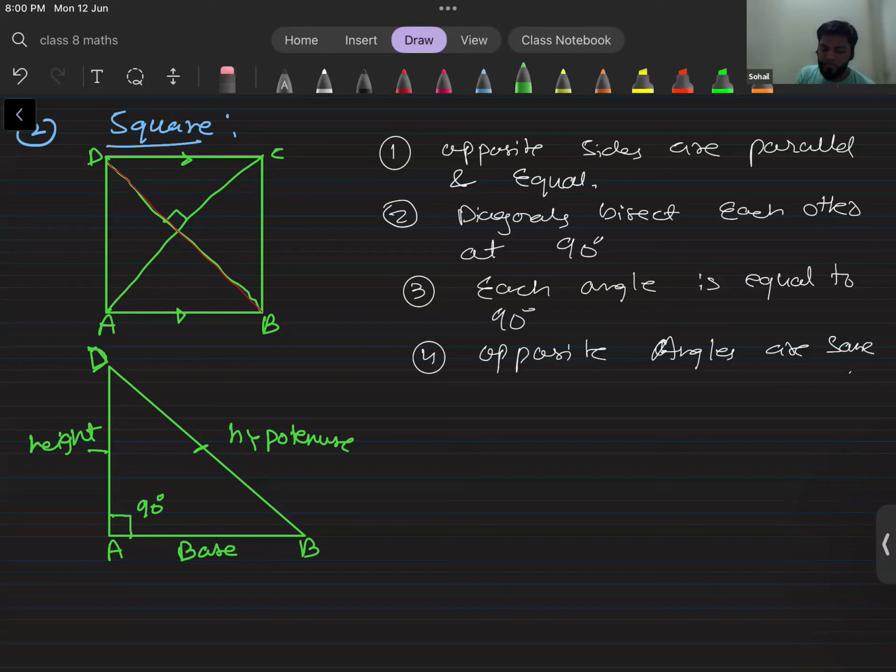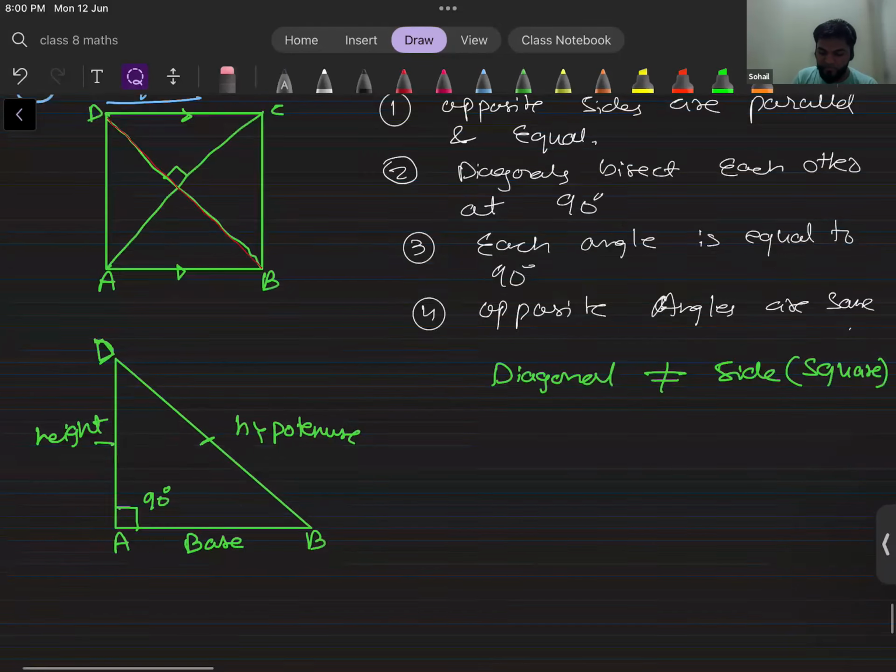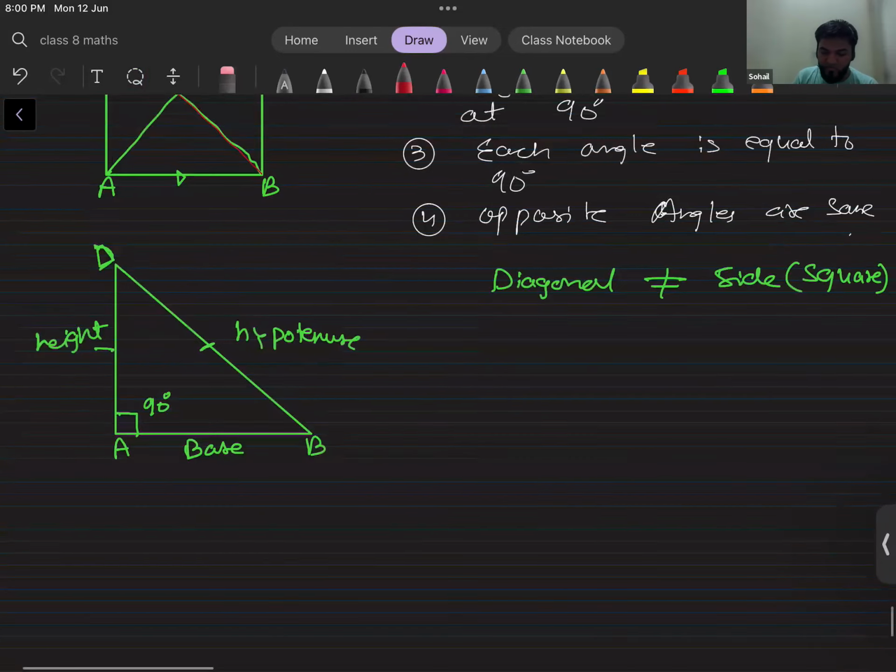That's why the diagonal is not equal to the side in a square. Keep this in your mind while you discuss a square.